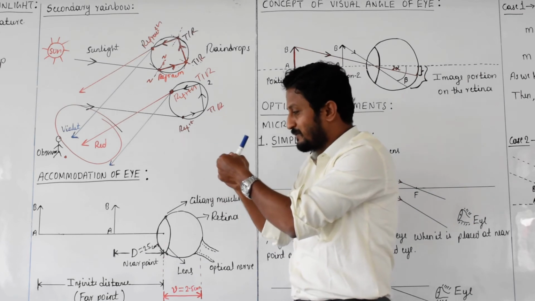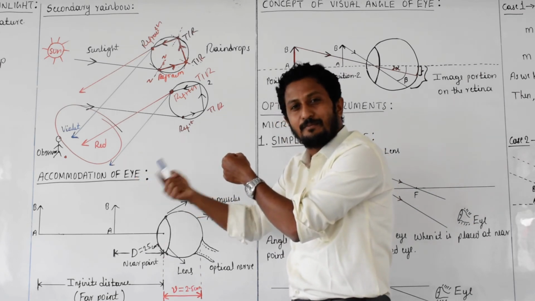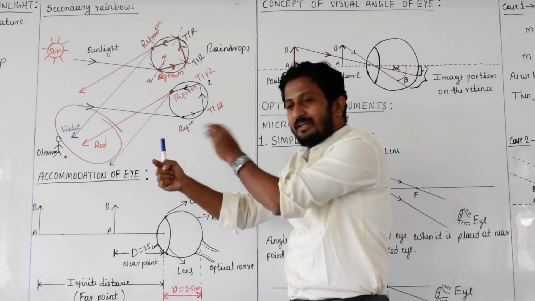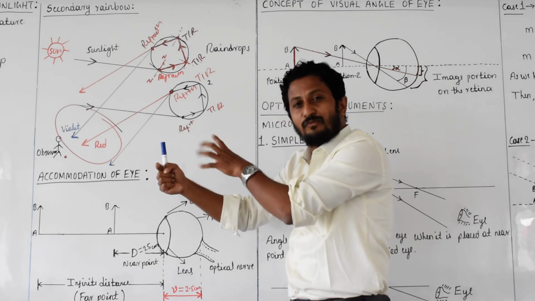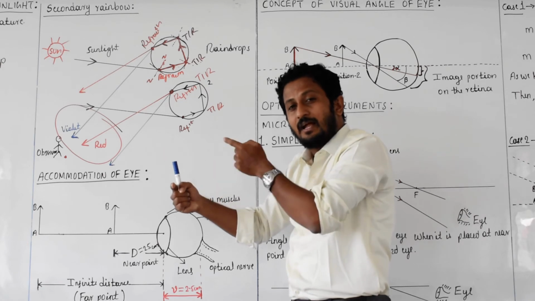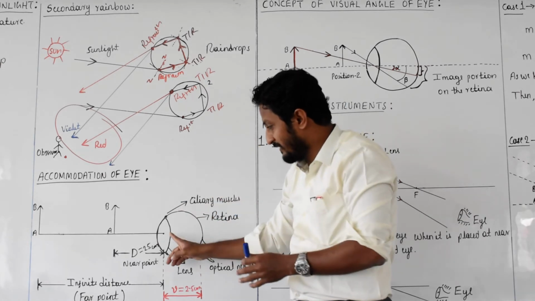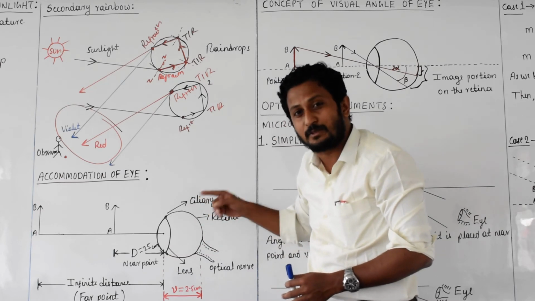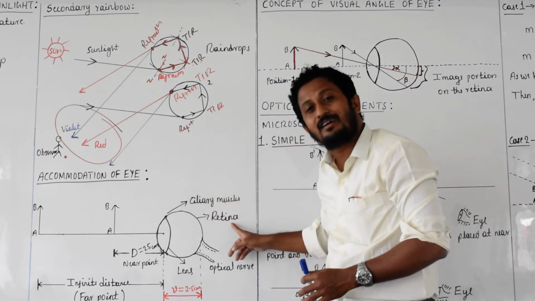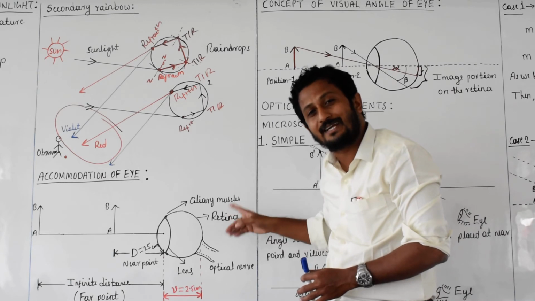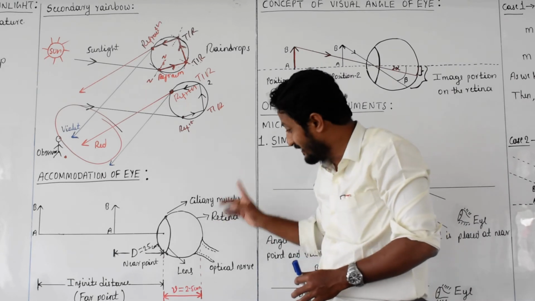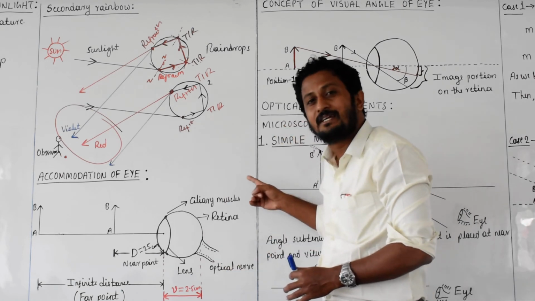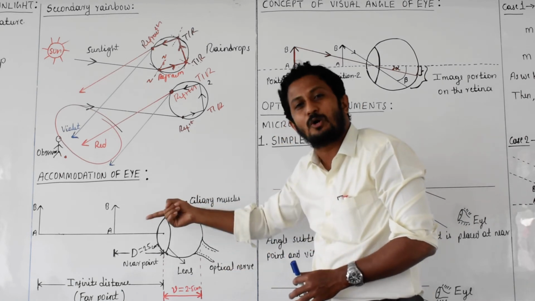If the object is beyond the near point, then all the light rays coming from that object get refracted by the eye lens and produce its image properly on the retina. That's why there is a signal to the brain that there is an object.